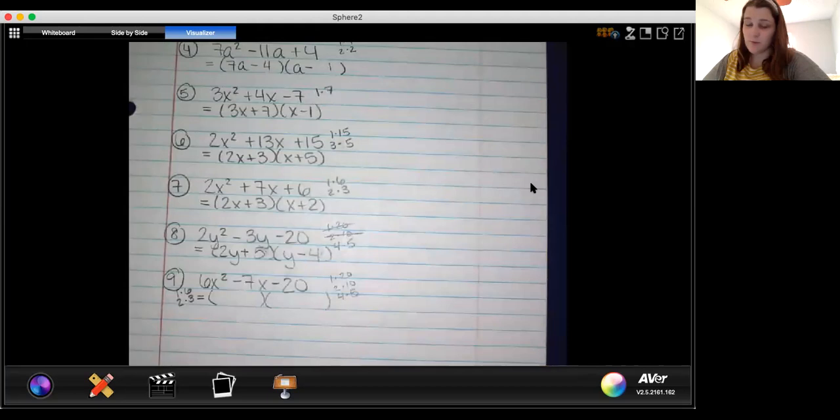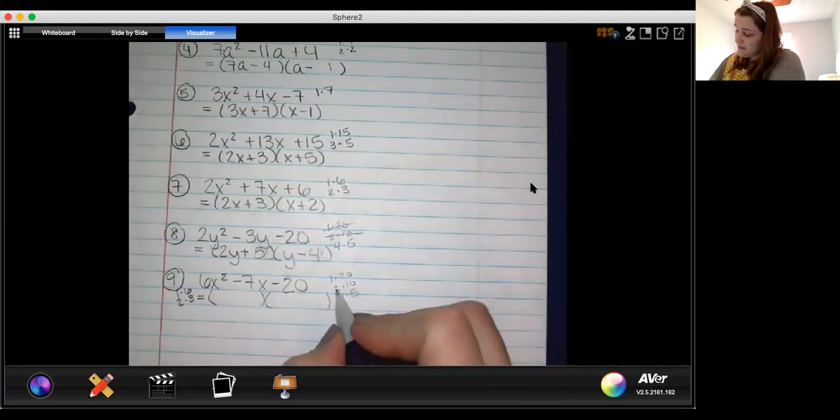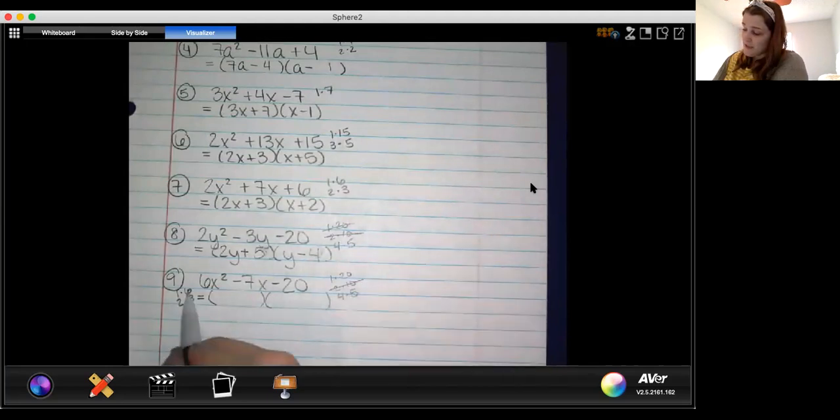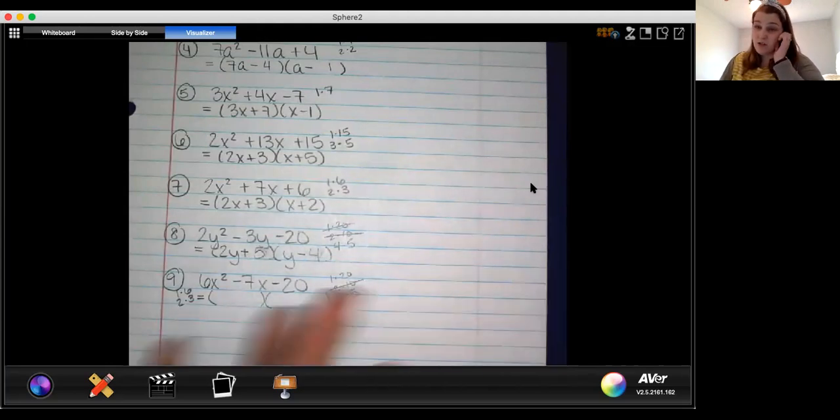Now the rule still applies that you can't have an even number with another even number, because then that means there should have been a GCF to begin with. So right away, that means that 2 and 10 will not work, because either option I pick, either 6 and 1 or 2 and 3, there's going to be an even number, and I can't put an even number with an even number. So I know 2 and 10 won't work.